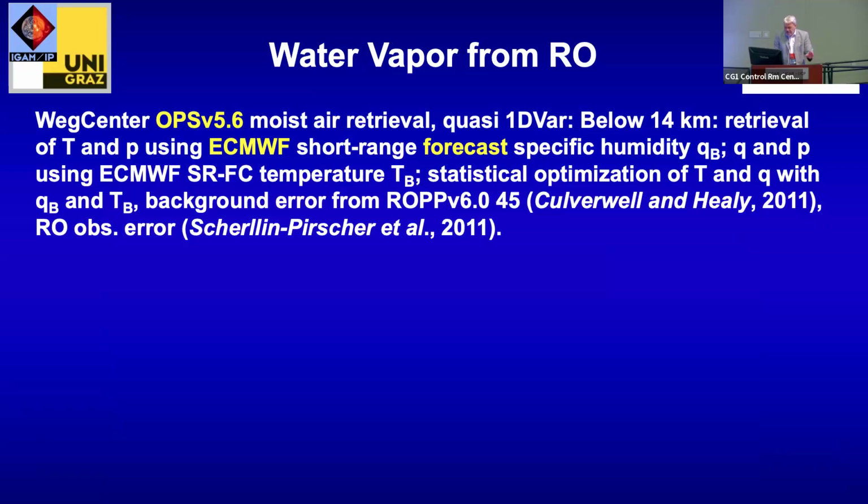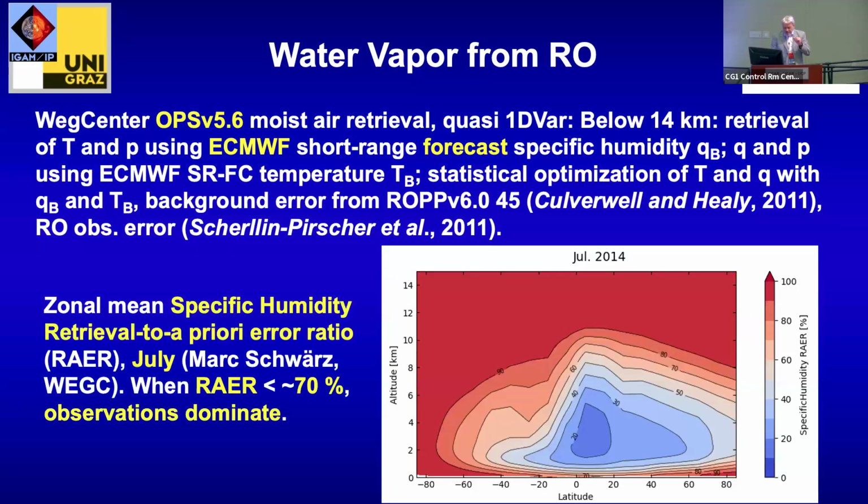Now just one measure. I will use data produced at the Wegener Center and at UCAR. One measure I will use is the retrieval to a priori error ratio. When we do the 1D-Var, we weight the background and we weight the data, and where we trust the data, we weight the data more than the background.